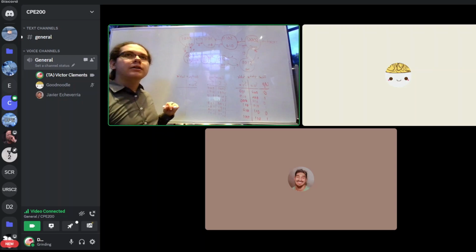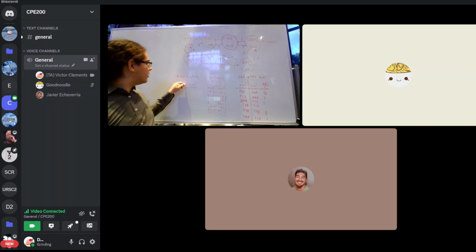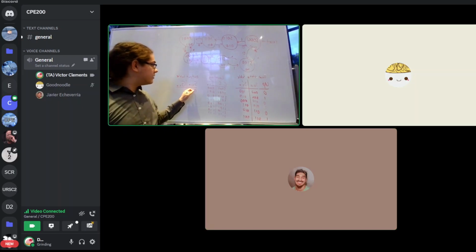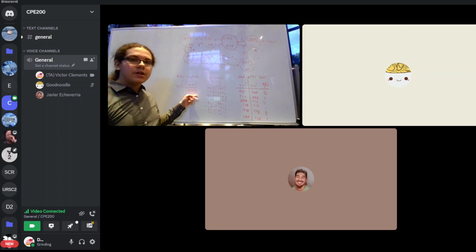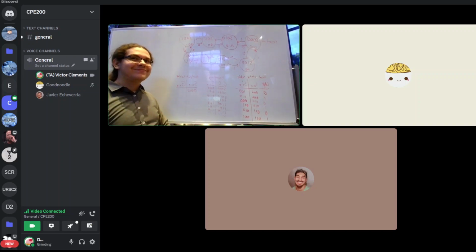And I guess I'll call it G for gray code. I can't remember what letter you were asked to use, but I'm just going to use G for gray code. It doesn't really matter. So if you're in state 000, what gray code are you supposed to output? What do you guys think?